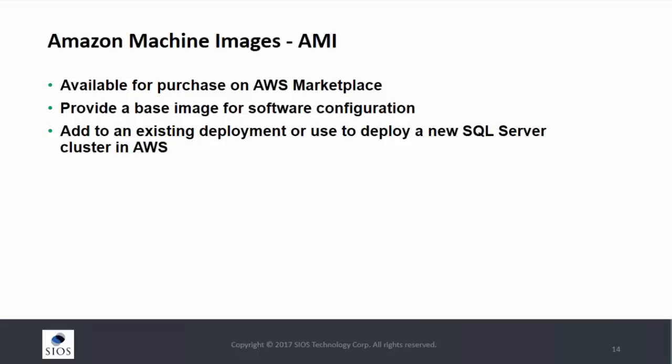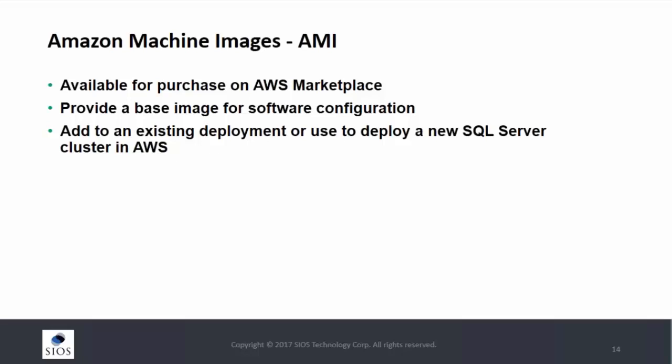You can use, for example, the SIOS AMI for SQL to deploy a new SQL Server cluster in AWS by purchasing and agreeing to the terms and then deploying 2 AMIs and building the cluster manually. But these AMIs can also be used by the Quick Start templates.